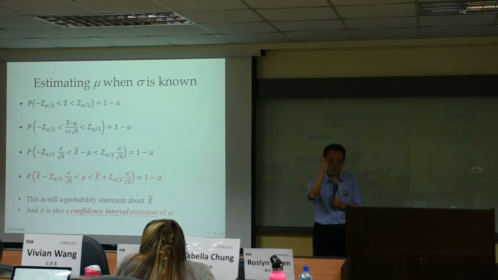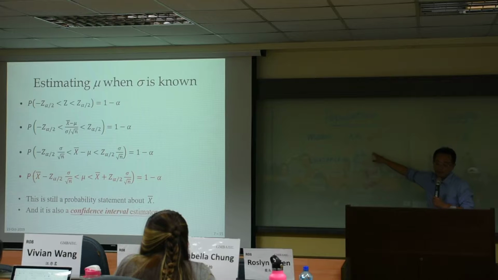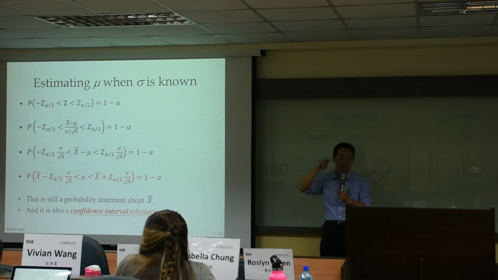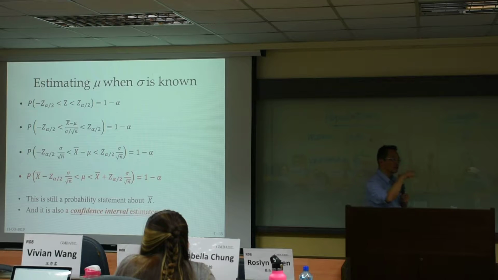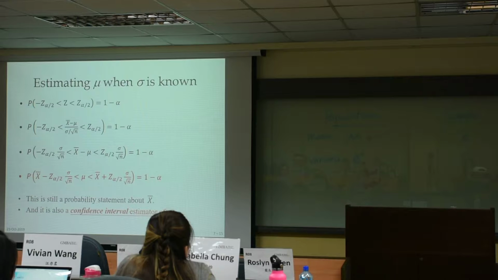The x bar is a point estimator of mu, and given that the sampling distribution of x bar is normally distributed, we can apply this logic to create an interval for mu.